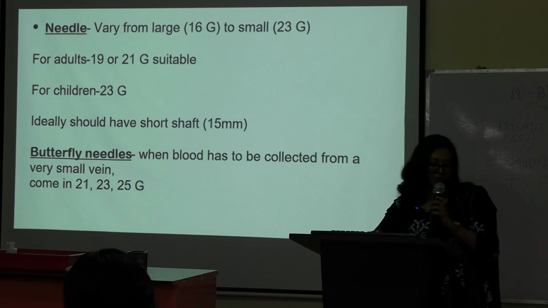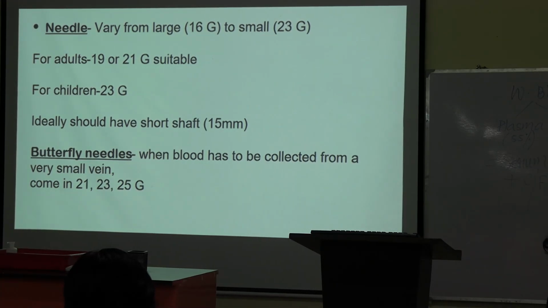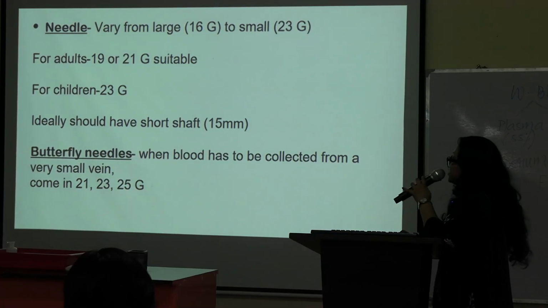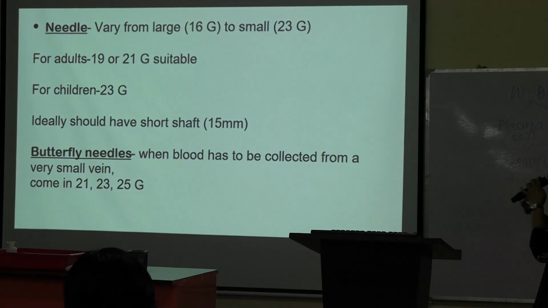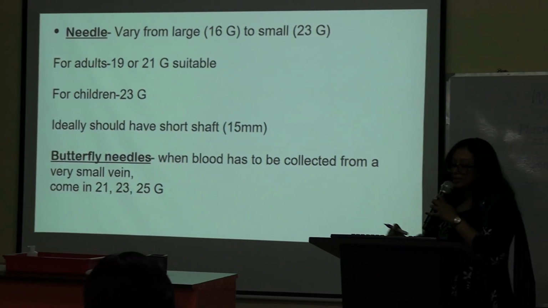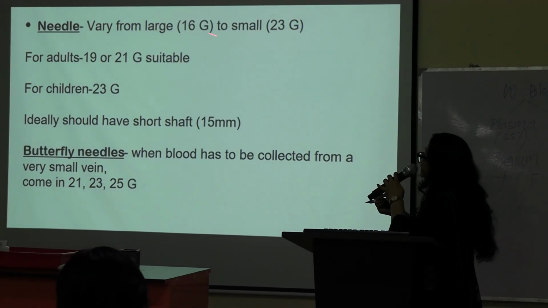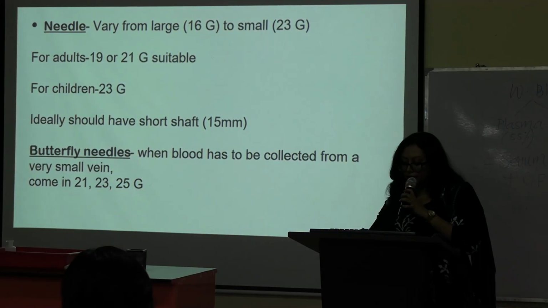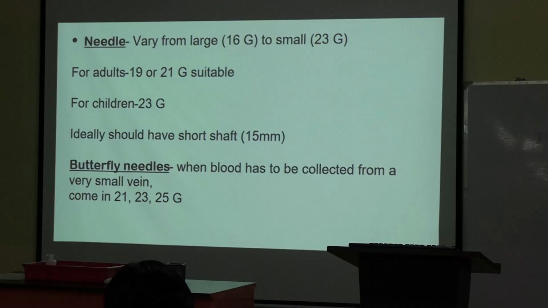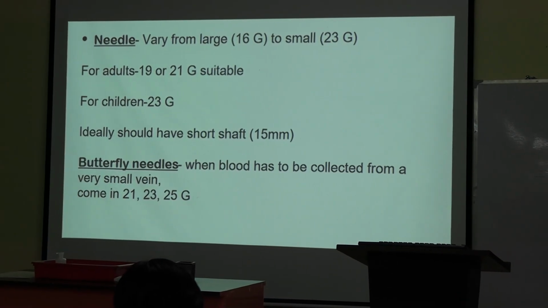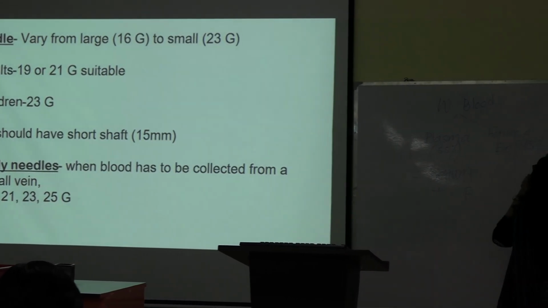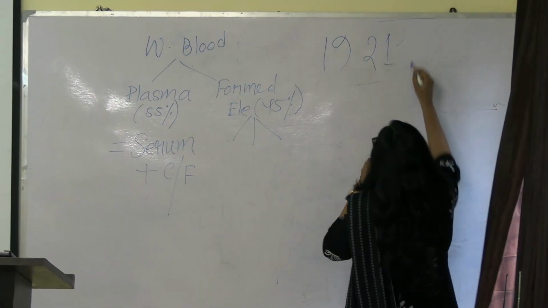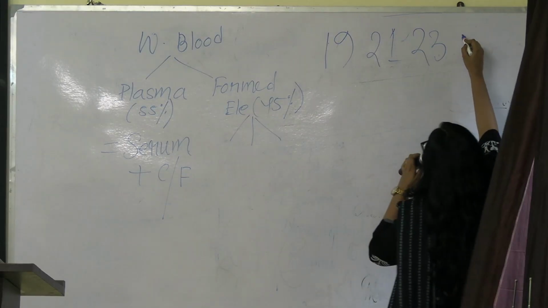Needle. It is important to remember the size of the needle. For that, I have an interesting mnemonic for you. You start from 19. As you can see, this is 16, which is larger in gauge, and this is 23, which is smaller. So you remember that the gauge is opposite of the number and the size. Now you start from 19 and you delete one number in between. That is 19, 21, 23 and 25.